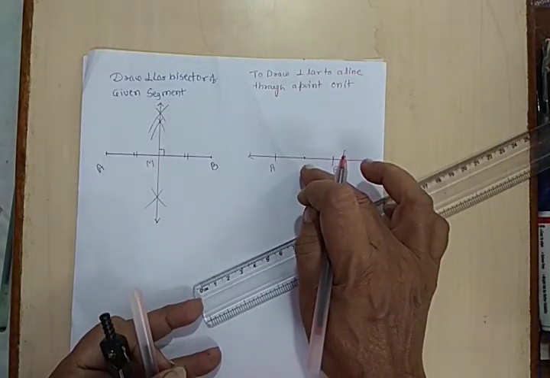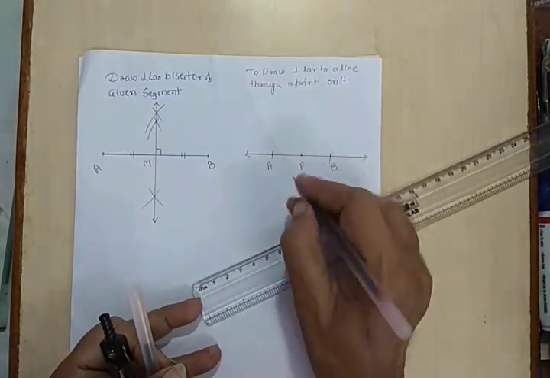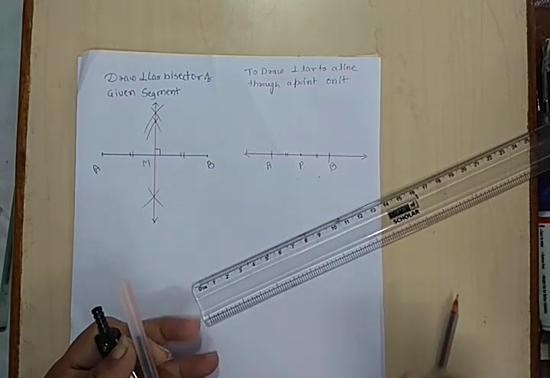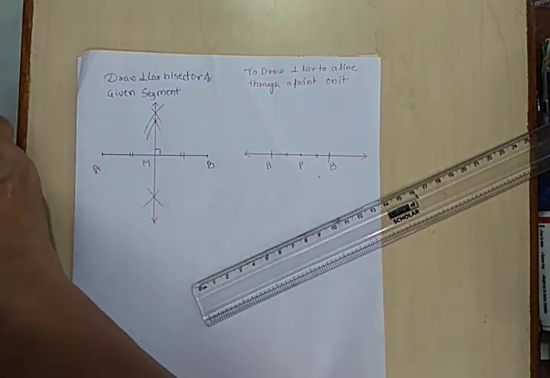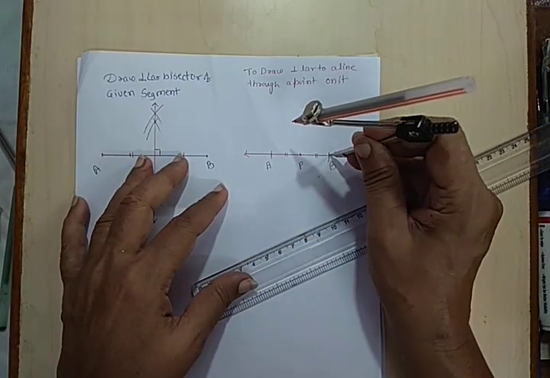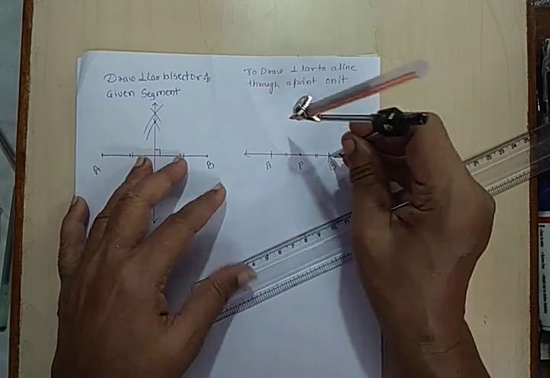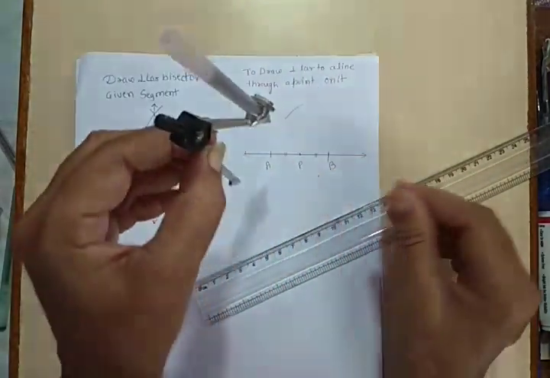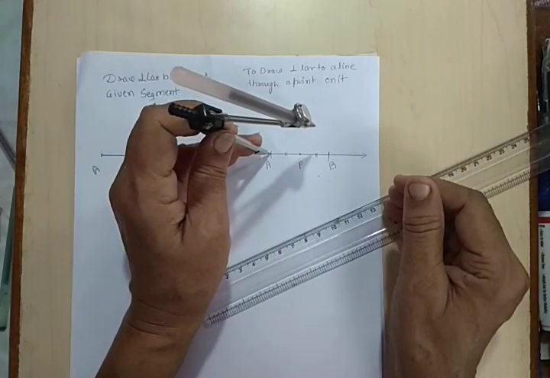Now point P is one point we have got which is equidistant. Okay, one point I have got, so I need to find only one point which is equidistant from A and B. So I will take some distance here, either mark on upper side, either mark on bottom side.